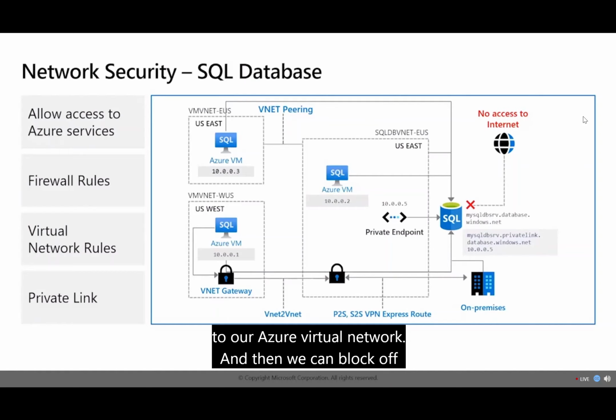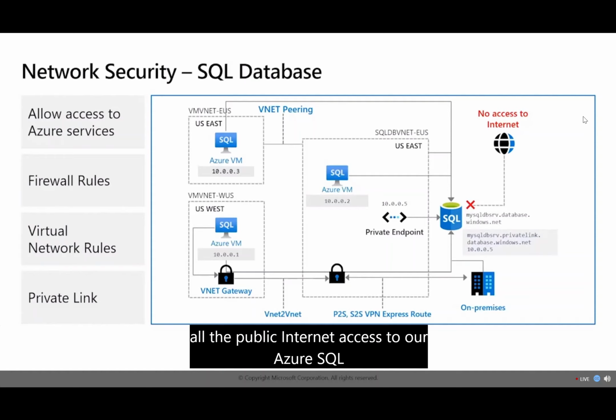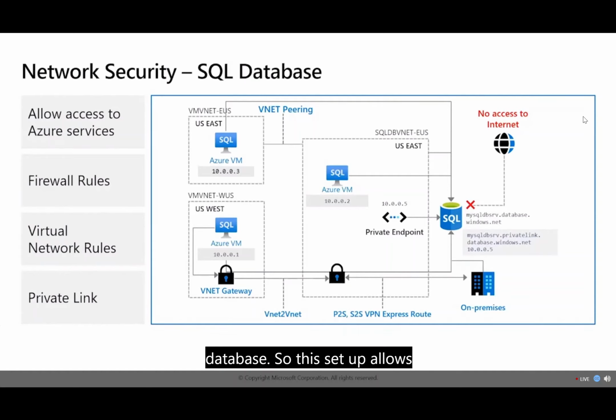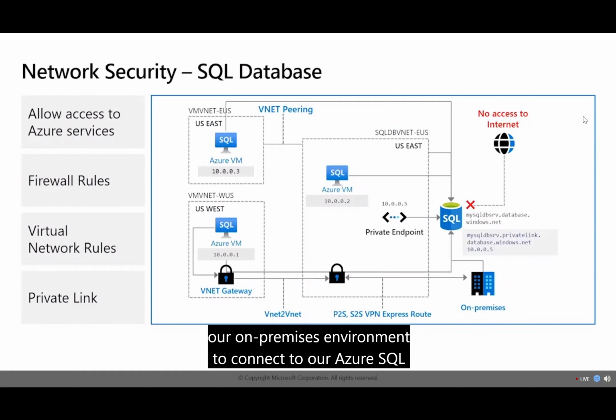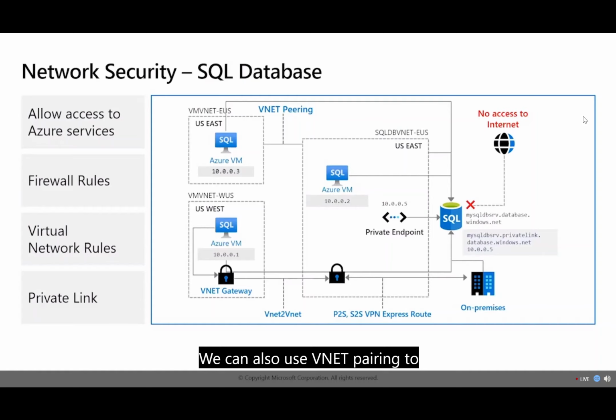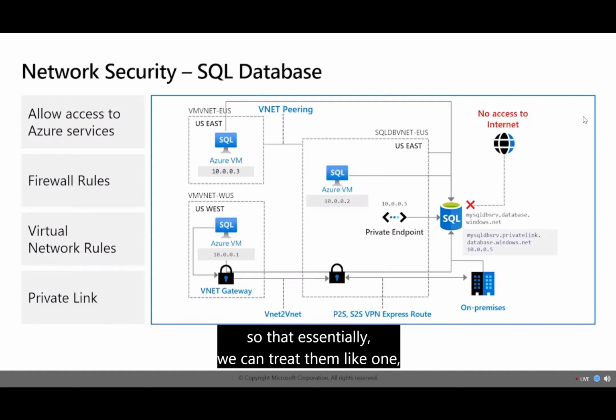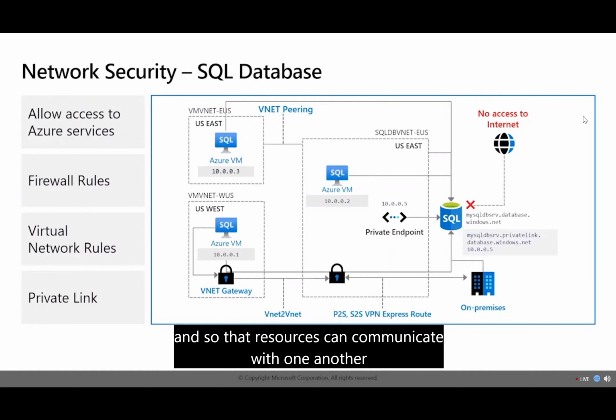And then we can block off all the public internet access to our Azure SQL database. So this setup allows our on-premises environment to connect to our Azure SQL databases running in Azure over that private IP address space. We can also use VNet peering to pair multiple virtual networks together so that essentially we can treat them like one, and so that resources can communicate with one another over that private IP address space as well.